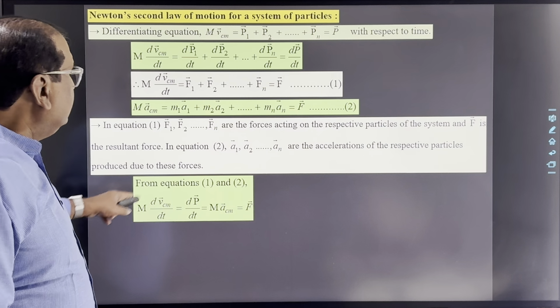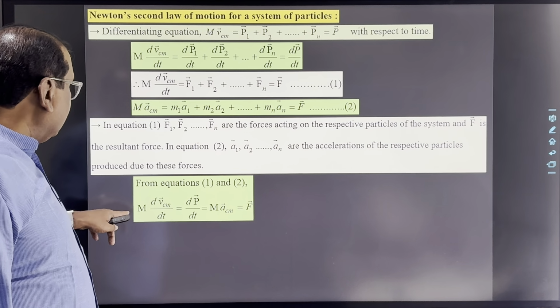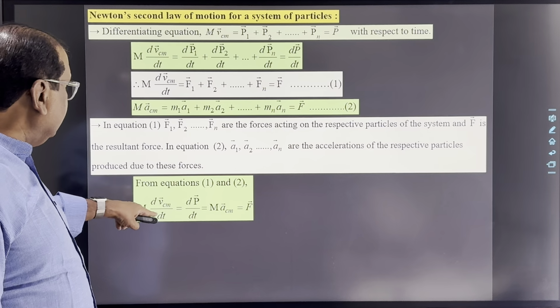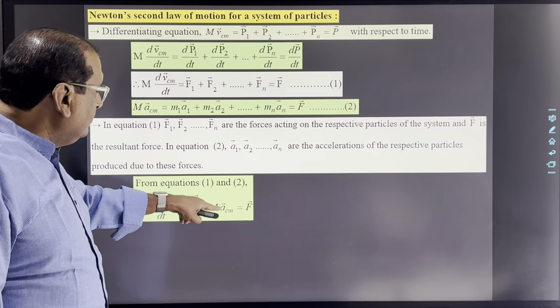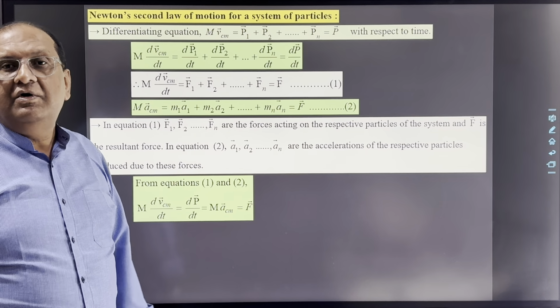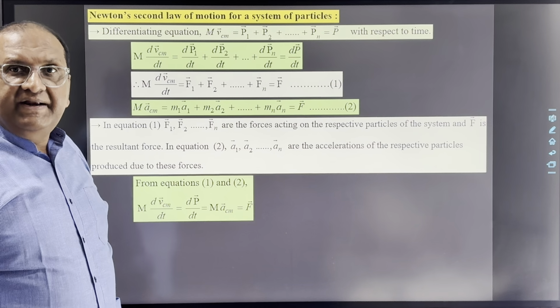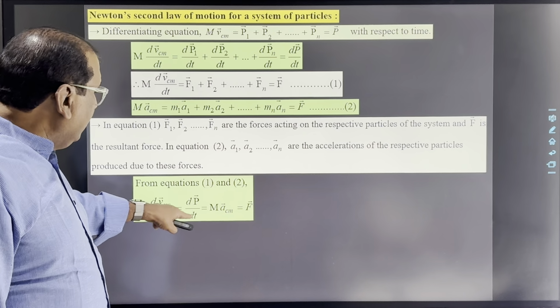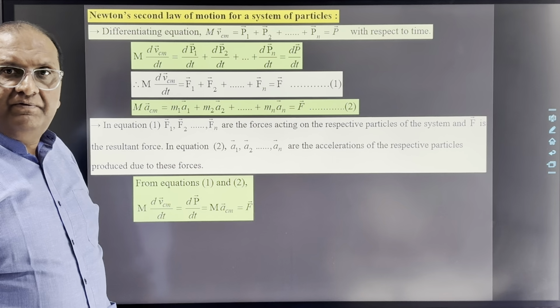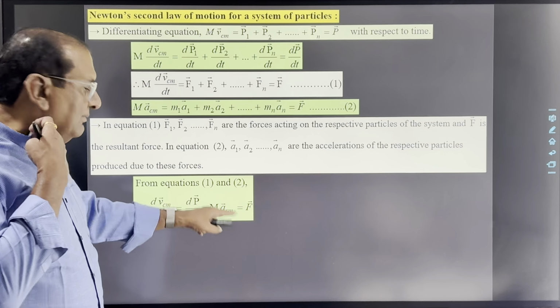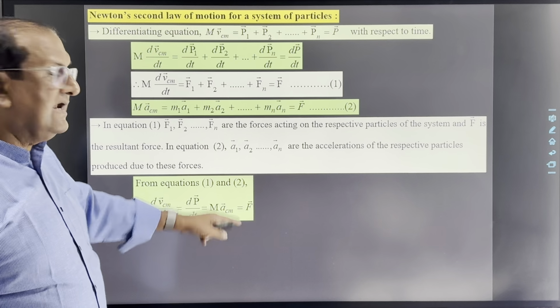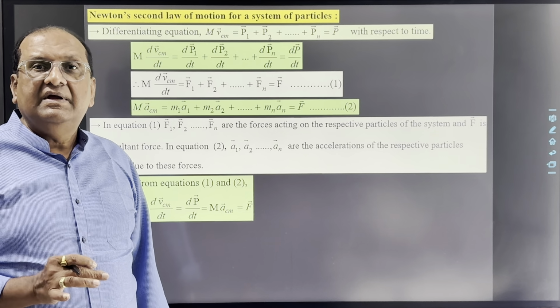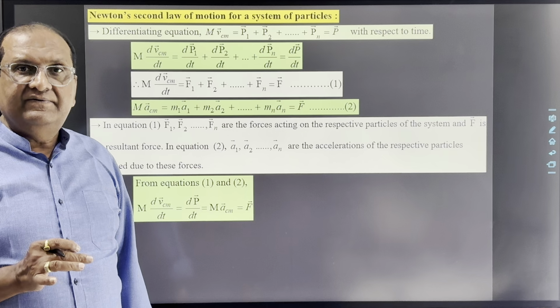Now this equation we can summarize like this, m dVcm by dt equal to dP by dt, that is equal to m Acm equal to F. Now see, dP by dt is equal to F, but at present we can't say this is Newton's second law of motion for a system of particles.